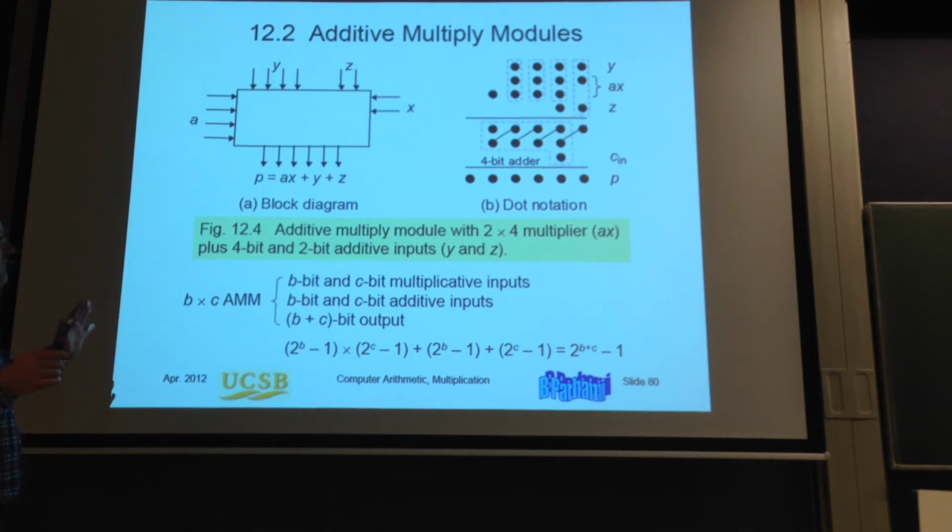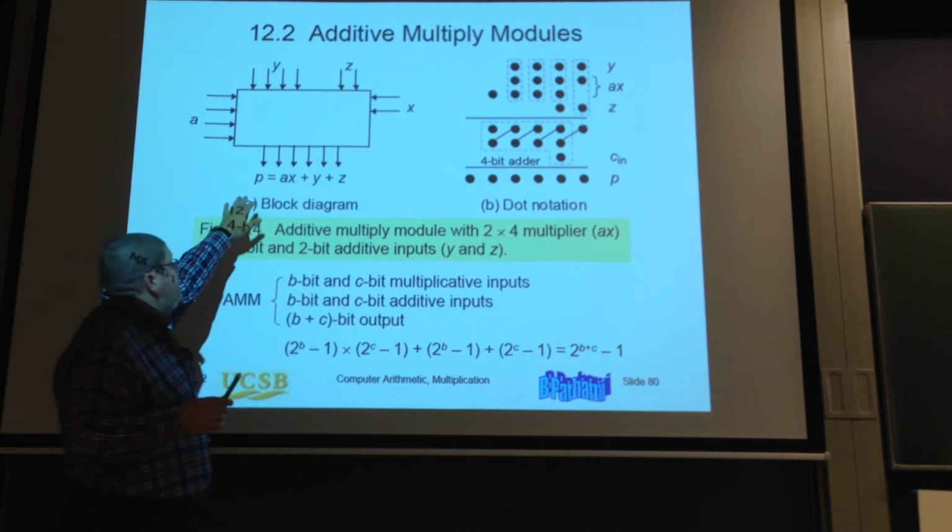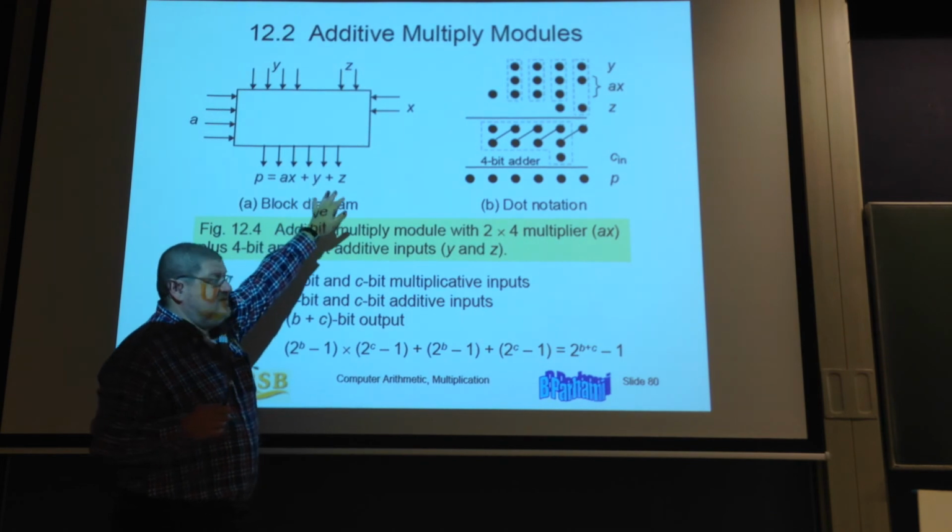You can scale them. But in our case, we have a building block which is doing a multiplication of two operands. One is 4-bit, the other one is 2-bit. And there are two other operands. One is a 4-bit operand and the other one is a 2-bit operand. Then practically, this is the formula that I'm computing: P = ax + y + z.